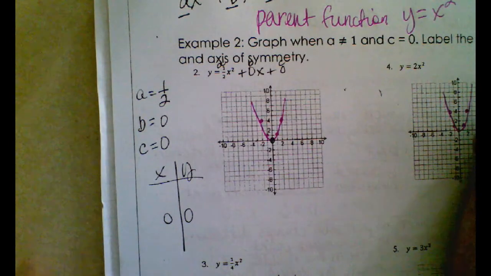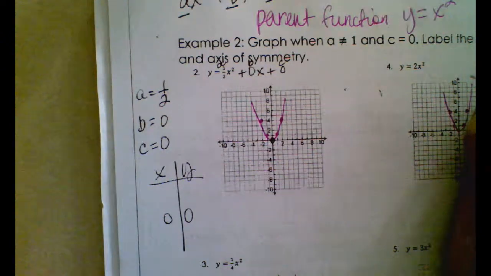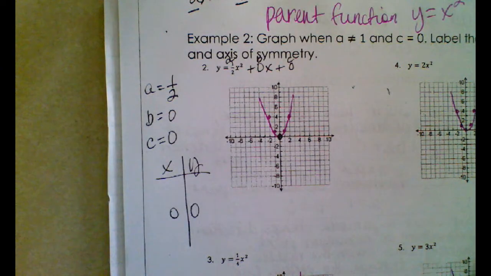Now pick 2 above and 2 below your middle. Why am I doing 2 above and 2 below? Here's my middle. Then I'm going 1 out and seeing where it goes, and going 2 out and seeing where it goes, because it's got to be a U shape, right? Picking 5 over that way doesn't really help me.